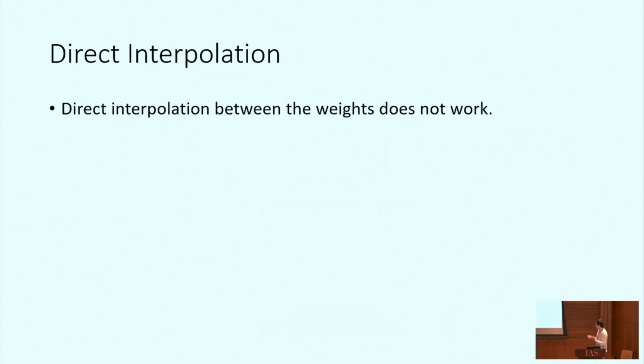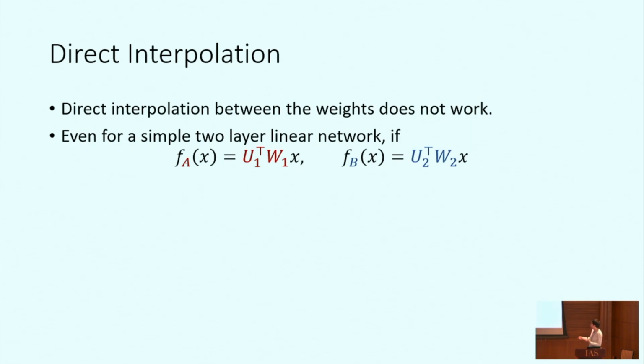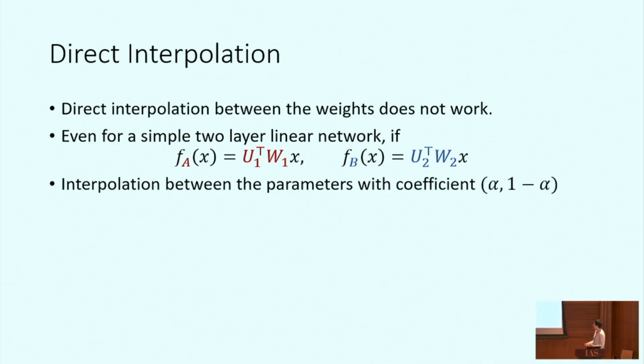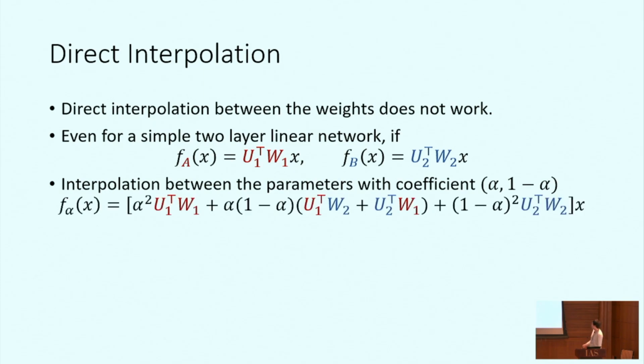Of course, the first idea is maybe you can try direct interpolation. But usually that doesn't work, even for a simple two-layer linear neural network, which doesn't have any nonlinearities. You can write out what happens when you do interpolation. You have a term that corresponds to the first network, a term that corresponds to the second network.